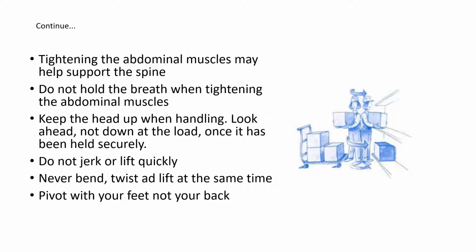It's also important that you teach people not to do any jerky or sudden movement, because the tissue capacity may be beyond the force produced by that jerky movement. And teach people not to twist, and if they want to pivot, to use their feet, not just twist the upper body.